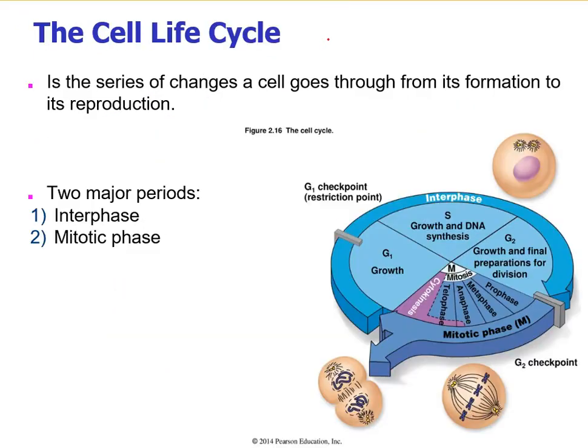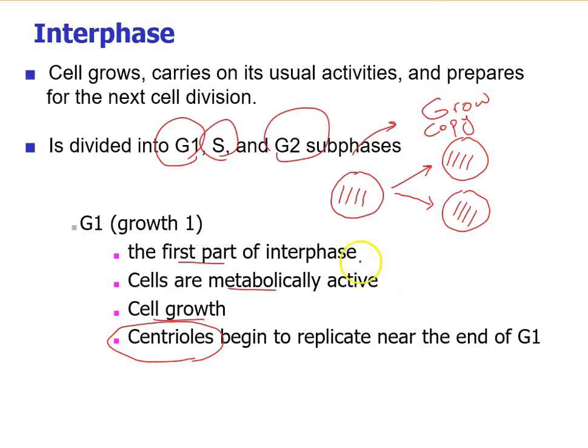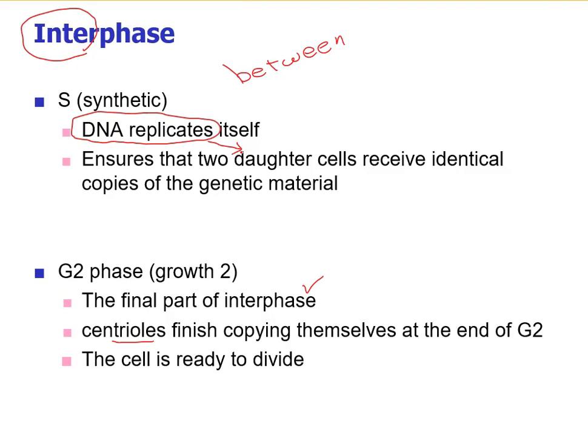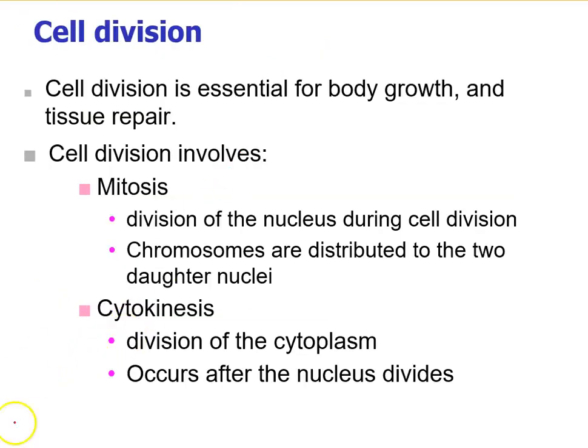If I go back to this picture, you can see that the interphase means the phase between one mitotic phase and another one, which we divided into G1, S, and G2. We know during the interphase, the cell is growing, proteins are copied, the organelles are copied, and also during the S phase, DNA is copied as well. Now our cell is completely ready for cell division.